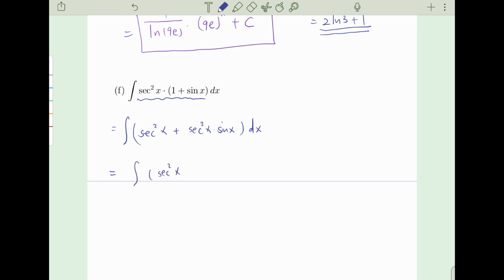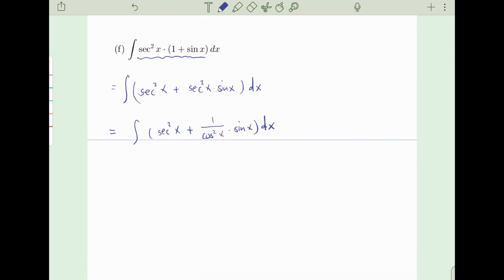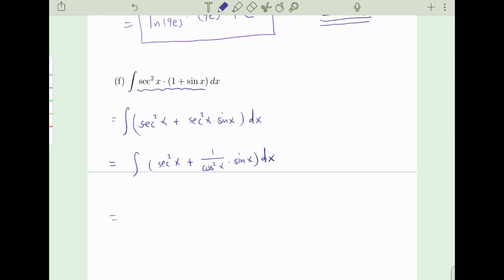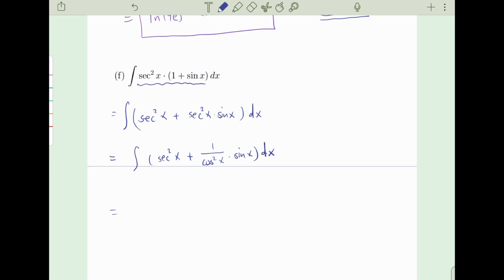sec squared of x, and we're going to change the sec in the second factor to be 1 over cos squared x, sine x here. Now I can write this as sine of x over cos of x times 1 over cos of x.